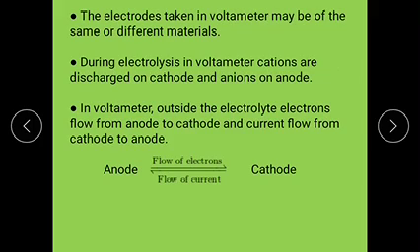During the electrolysis in a voltameter, cations are discharged on the cathode and anions on the anode.